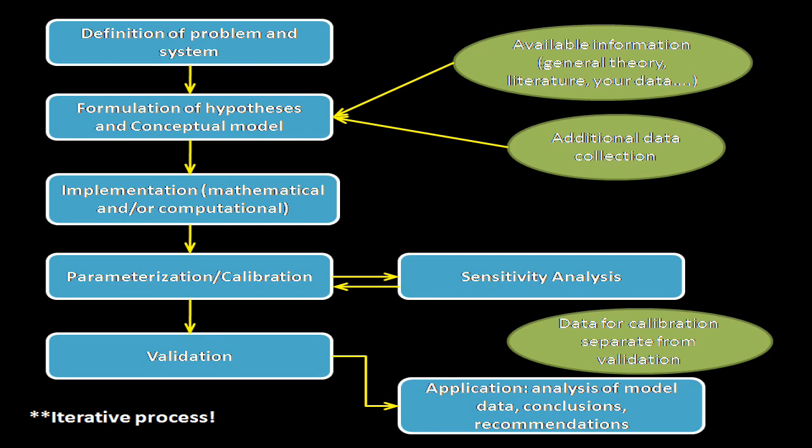And then you start figuring out ways to validate your conceptual model relative to what you see in the real world. But if you're actually implementing this in other ways, for example, mathematical and or computational, then there are other steps involved.